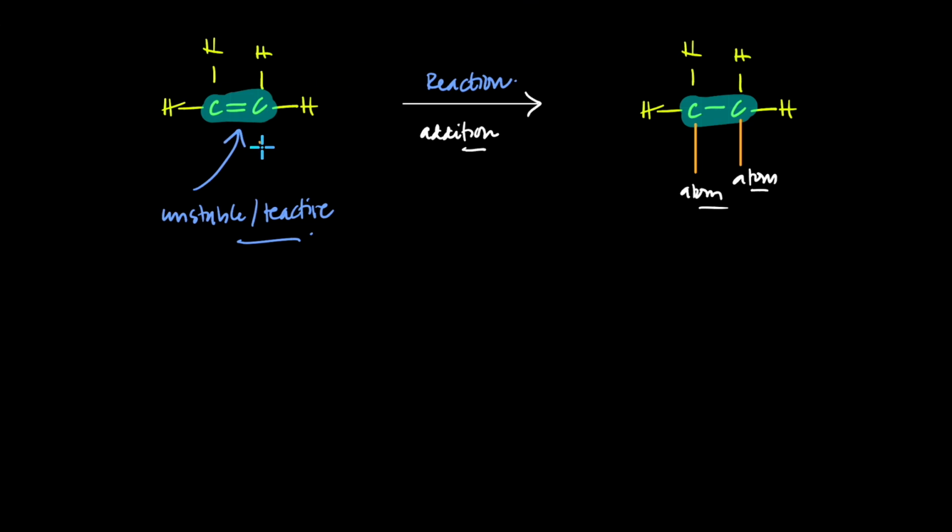It goes from being unsaturated, that's the idea, because they're carbon-carbon double bonds, to being saturated. All right? So the double bond is unsaturated, unstable, or reactive. So what I've written here, let me repeat, is: unstable or reactive.